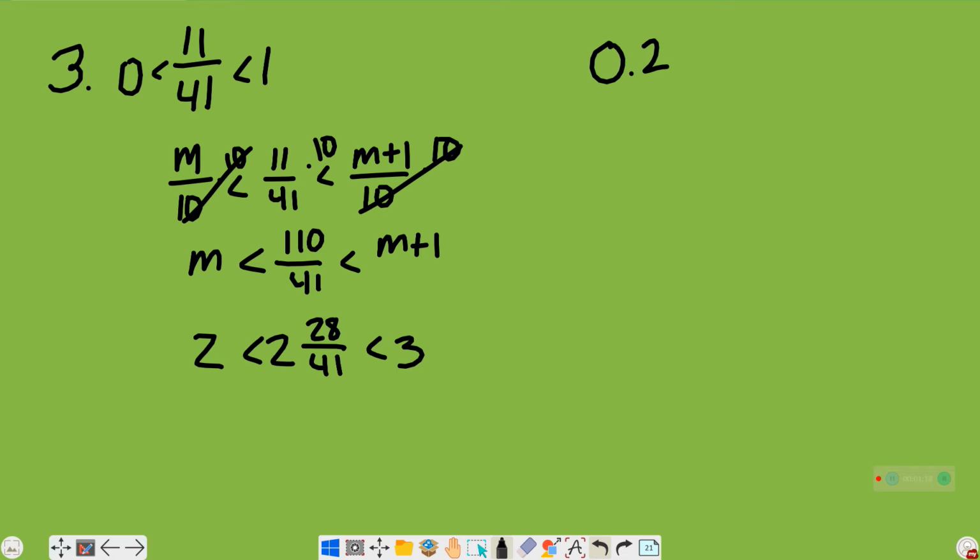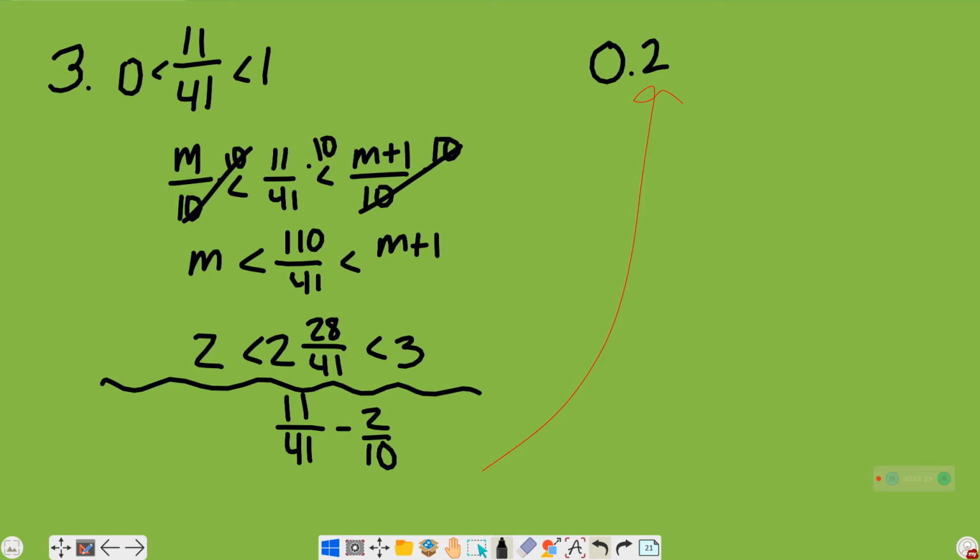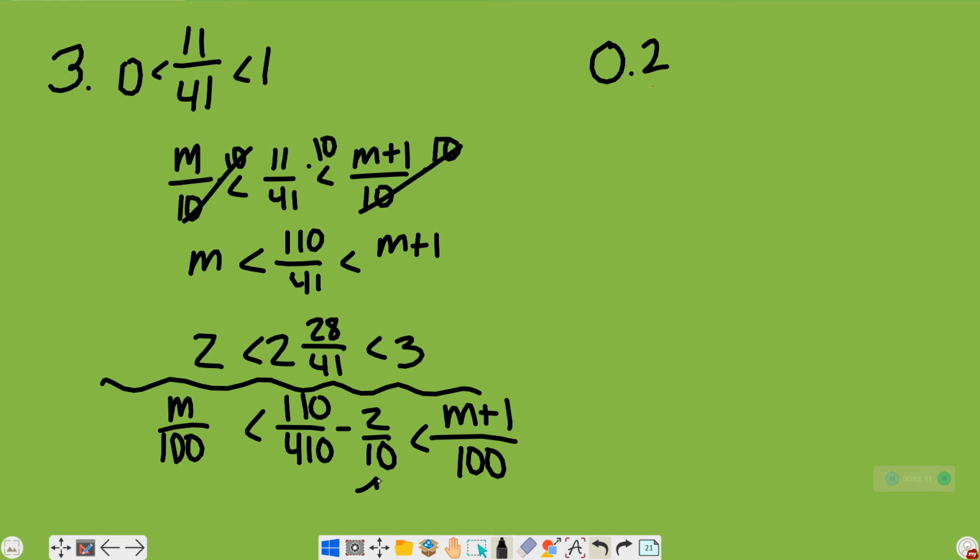So now I take that 11 over 41, and we're going to work on the hundredths place. We're going to subtract 2 tenths, because that's what I have up here, and figure out which hundredths it's in between. To change these to have a common denominator, this one's going to be multiplied by 10, and this one over here needs to be multiplied by 41. 2 times 41 is 82.